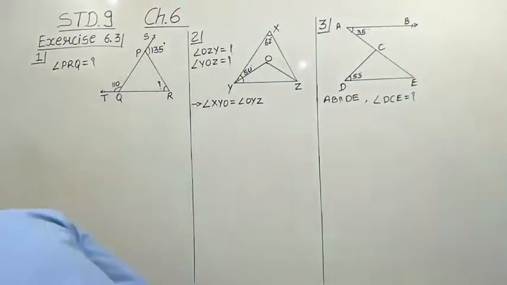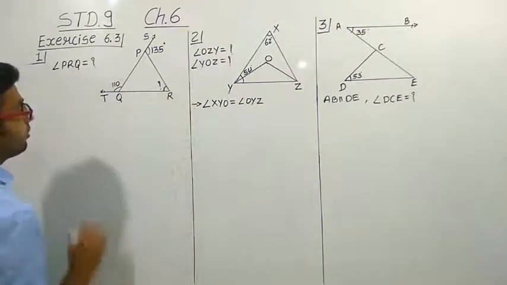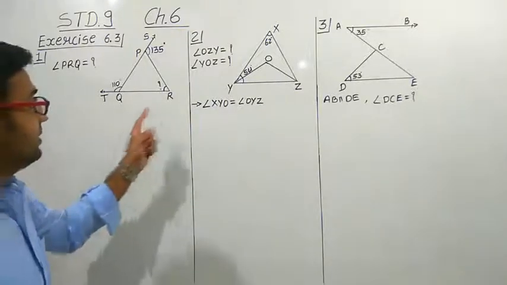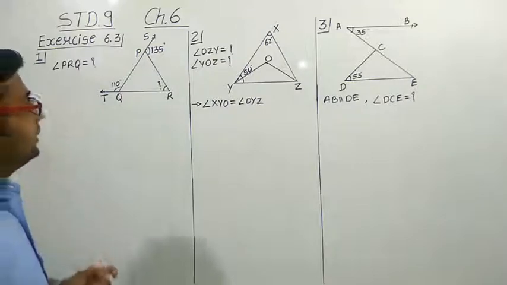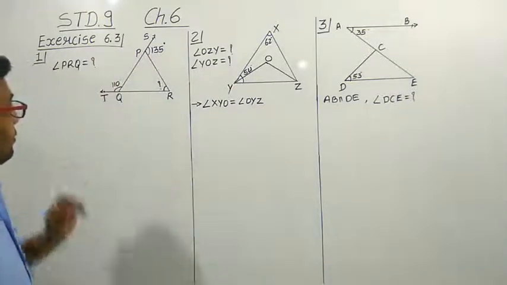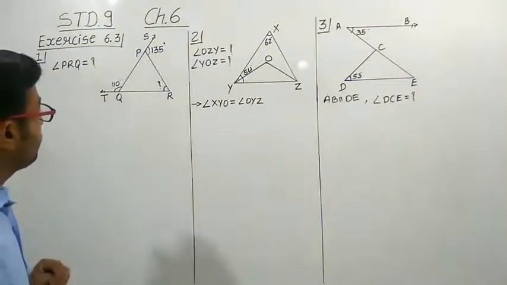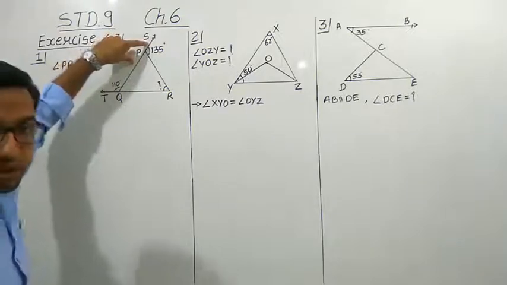Let us notice this angle is one of the angles of this triangle, and that is an interior angle. But both these angles given here are exterior angles, right? So we can solve this sum in two ways. First, we can apply the linear pair concept.